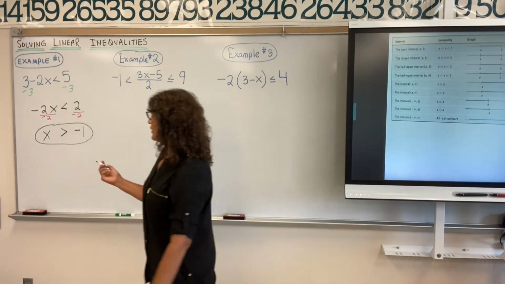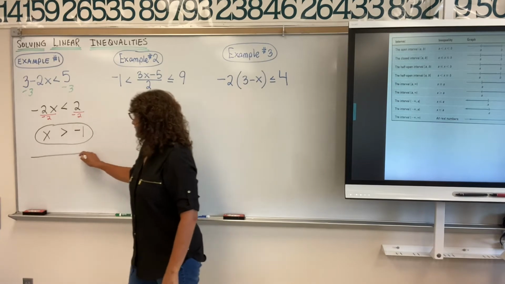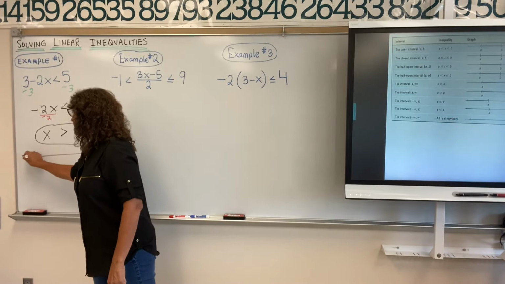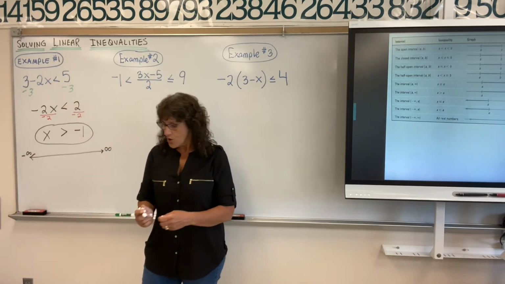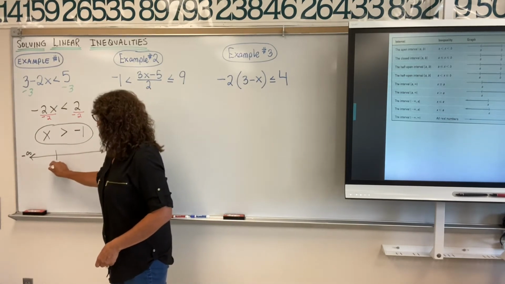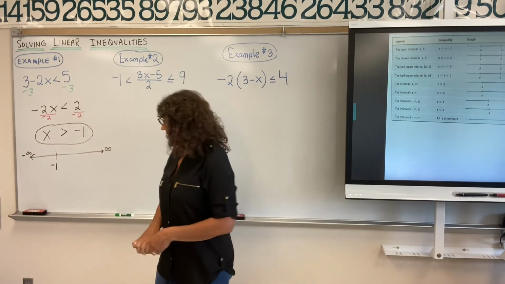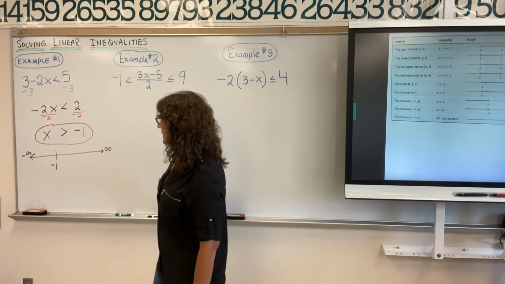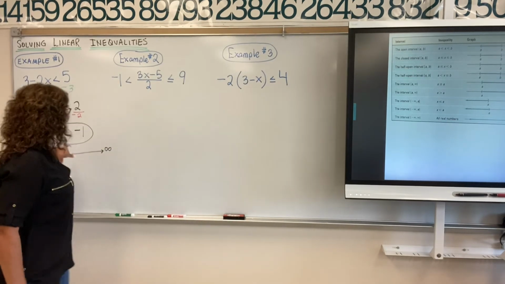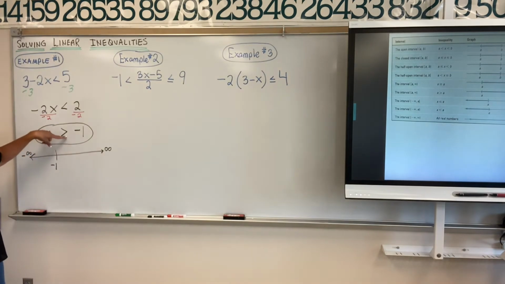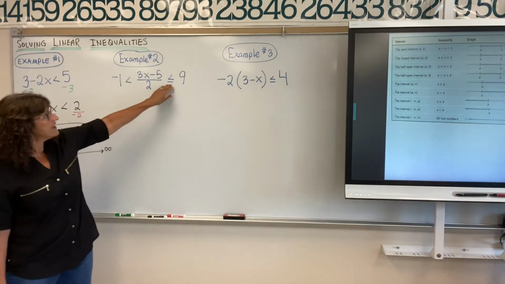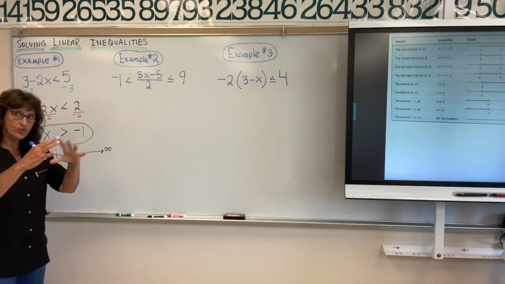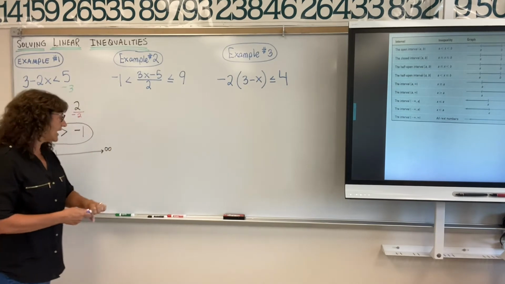Let's graph this. We're going to grab a number line. This is infinity to the right side, this is negative infinity over here, and we want to graph this. So put -1 on our number line, and are we going to include the -1 or not? Well, we have an inequality symbol that is strictly greater than, not equal to at all. It doesn't have the equal to notation. So strictly greater than or strictly less than, you use a parenthesis and not a bracket on your number line.